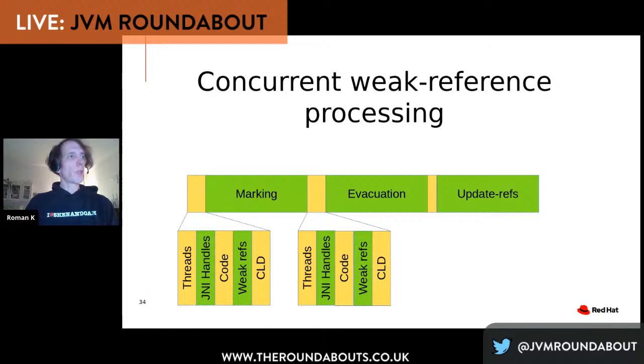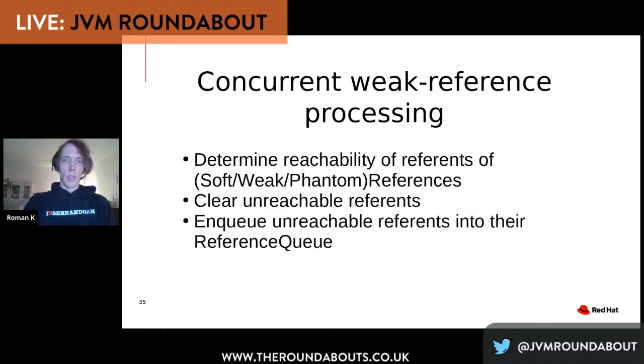Also, in traditional GCs, this can contribute very significantly to the pause times. If you have an application with thousands or millions of weak references, this can make your life not very comfortable. What does weak reference processing mean?